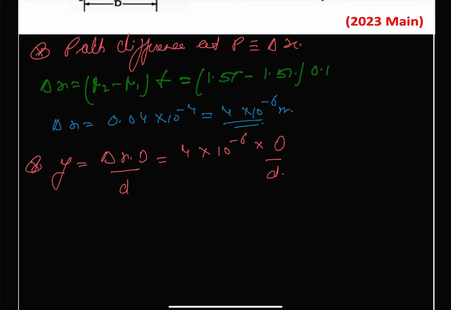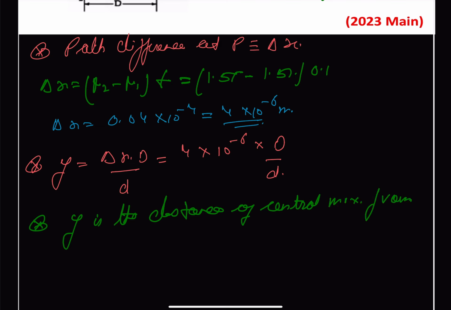Here y is nothing but the distance of central maxima from the geometrical center, which is indirectly the representation of the fringe width. Therefore, we can write that y is the distance of central maxima from the geometrical center.